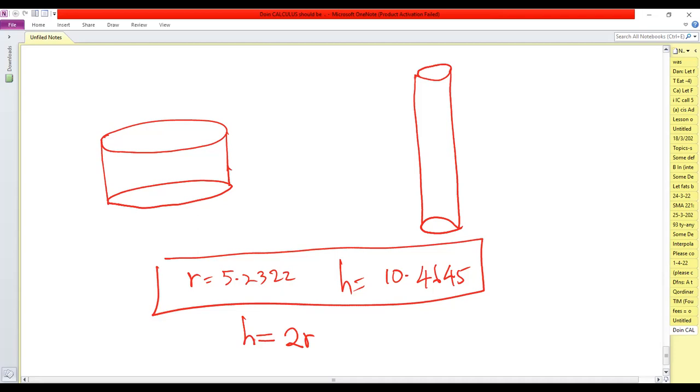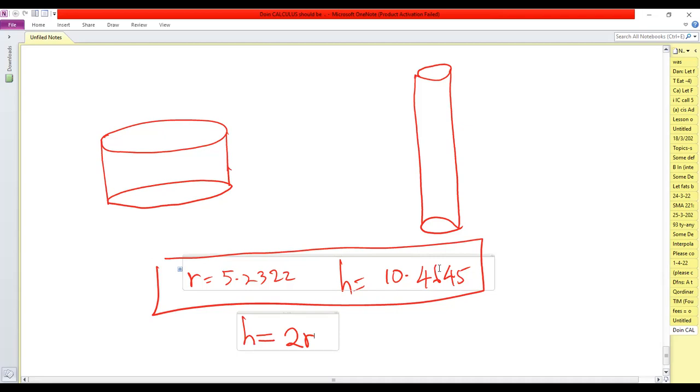So the optimal dimensions from the first case show that whenever you want to use less material, you need to ensure that the height is twice the radius.